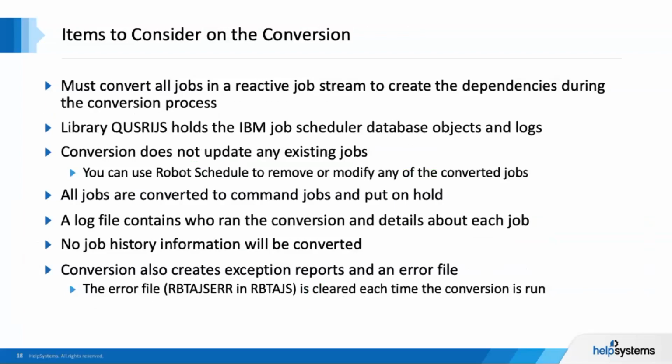Items to consider here. Top tip, if you have any reactive job streams, you must convert all of these jobs during the conversion process. So just something to be aware of there. But once converted, you can again choose whether you use the green screen or the GUI to look at and manipulate these jobs that have been converted. And just for your information, every job that gets converted is a held job.